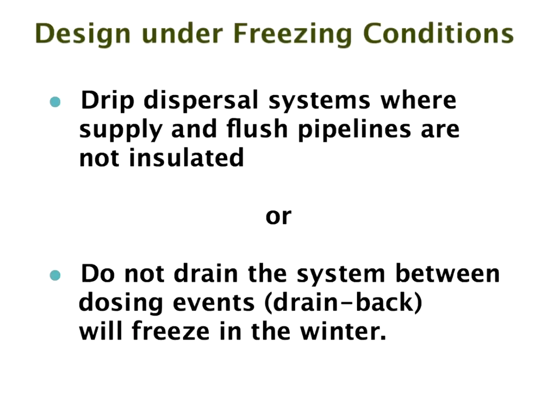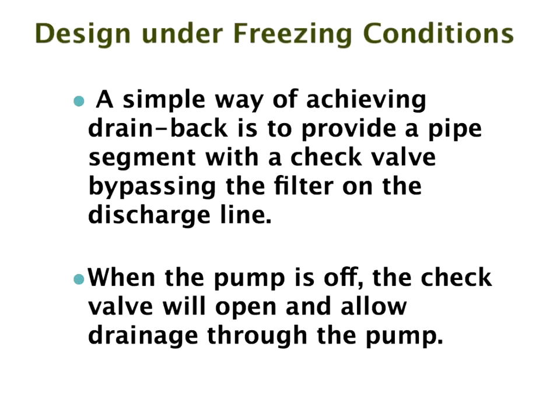It's just as well to have them draining even if they're below the frost level. There's a very simple technique to achieve drain back: have a pipe segment with a check valve bypassing the filter on the discharge line. I'll come to a picture showing that in a minute or two. When the pump is off, the check valve will open and allow the drainage back through the pump.